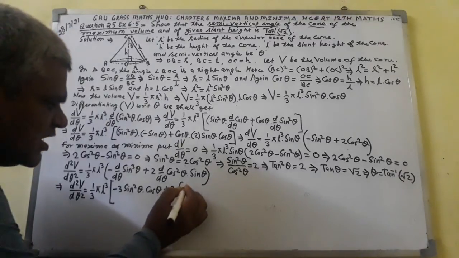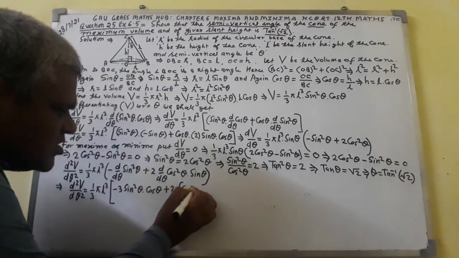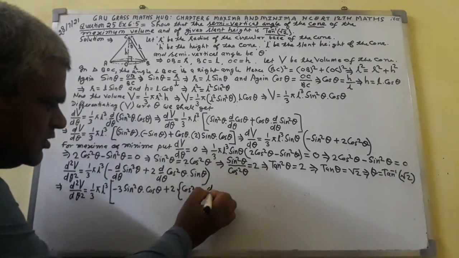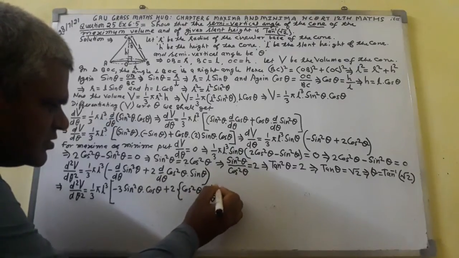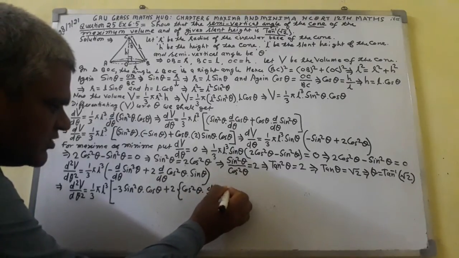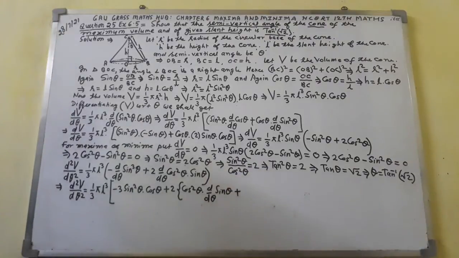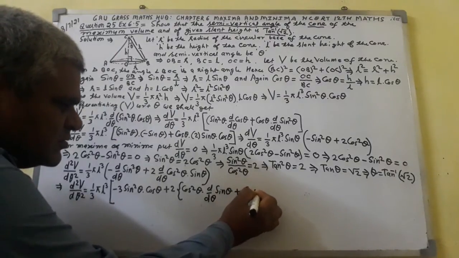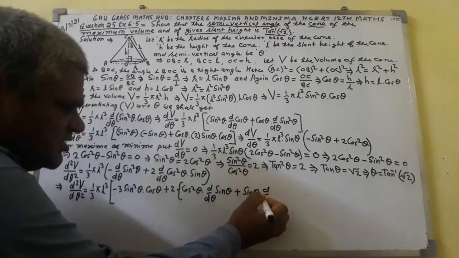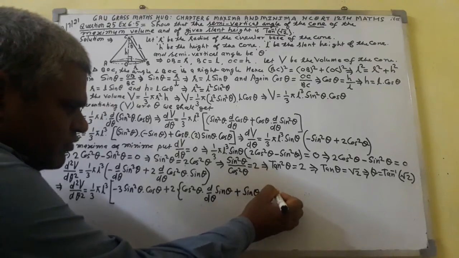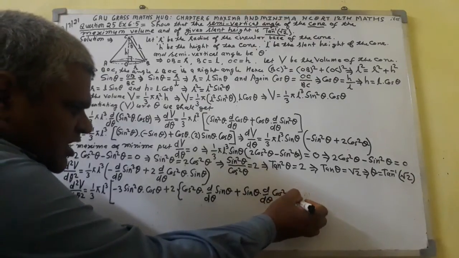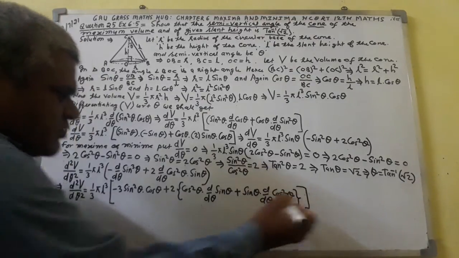So here I shall write cos square theta as it is, d over d theta of sin theta plus sin theta dot d over d theta of cos square theta, curly bracket close, square bracket close.